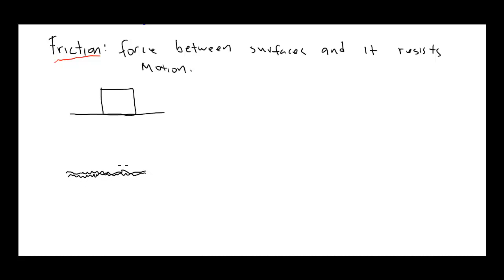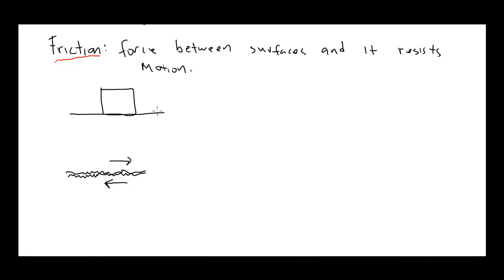As these surfaces try to move past one another, these little bumps are going to hit one another. They're going to grind together, and that grinding is going to oppose the sliding of the two surfaces. We call this force friction.